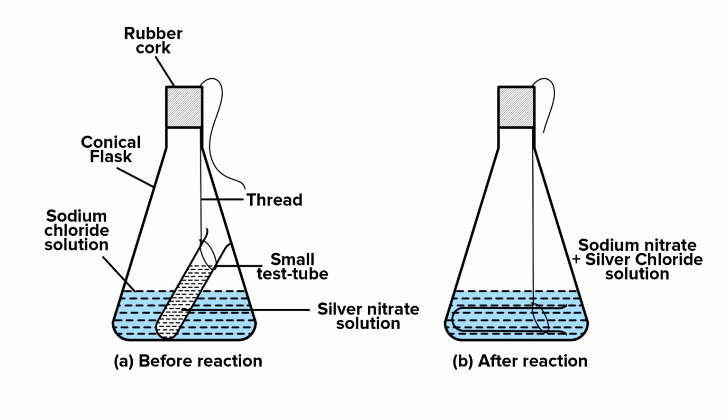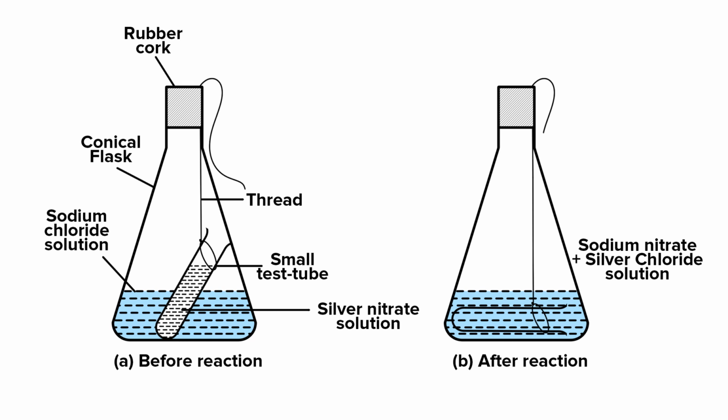He didn't mix both the chemicals, but carefully tied this ignition tube with a thread and closed the conical flask using a rubber cork. Care has to be taken that these two solutions do not mix. He noted the mass of this setup.